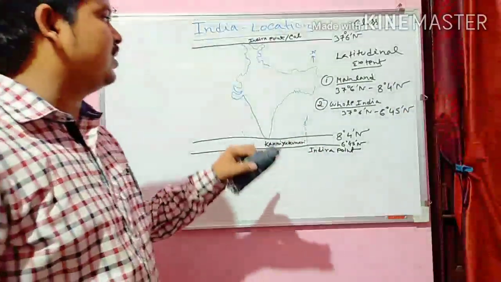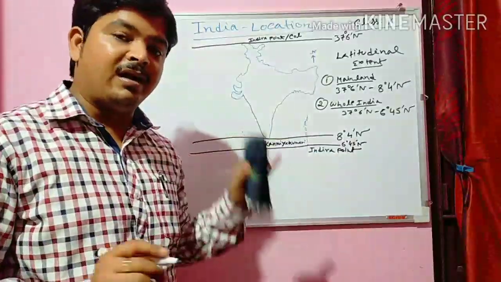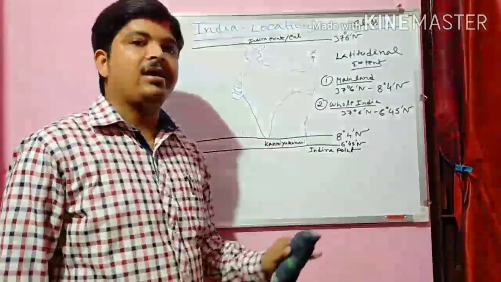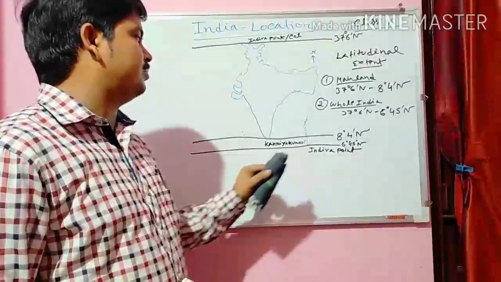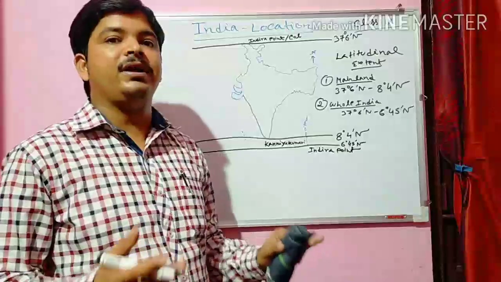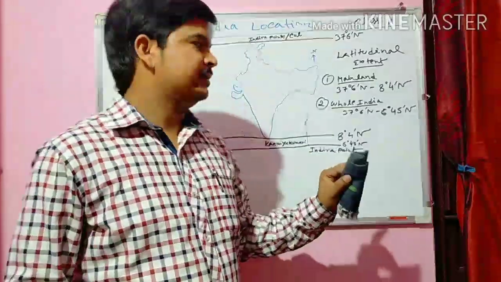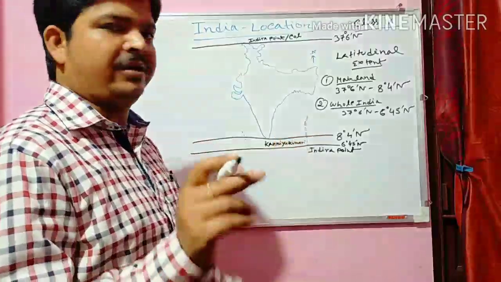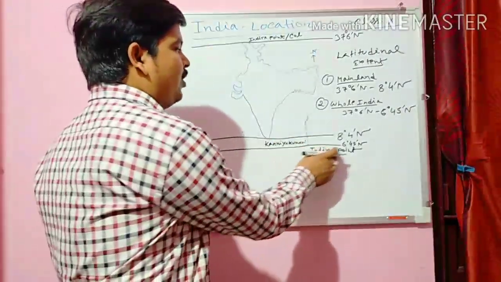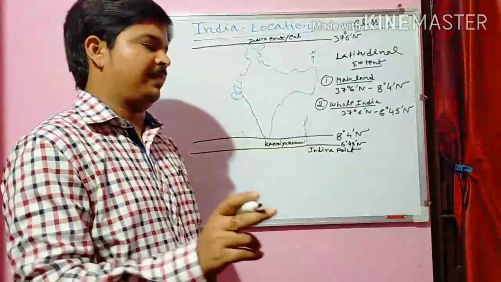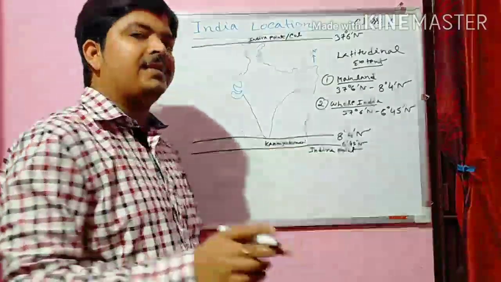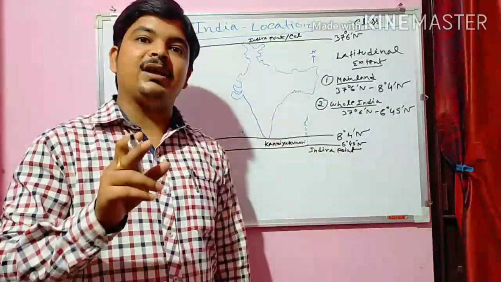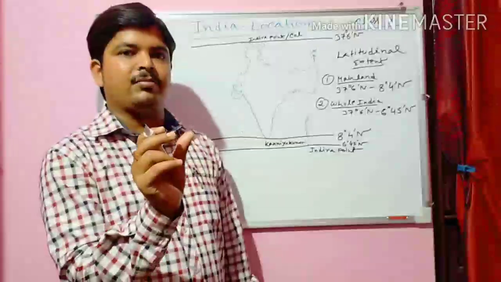Which is the southernmost point of India mainland? That time it is Kanyakumari. If it is asked which is the southernmost point of India, that time only Indira point, that is 6 degree 45 minute. Please make it clear. Indira point is the southernmost point of India, and Kanyakumari is the southernmost point of India mainland. That word mainland should be there.